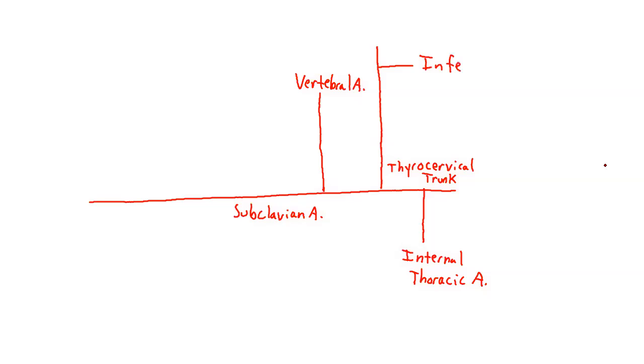And we're going to see an inferior thyroid artery. And we're going to have two coming off to posterior structures. One's going to be the transverse cervical, and the other is going to be suprascapular.